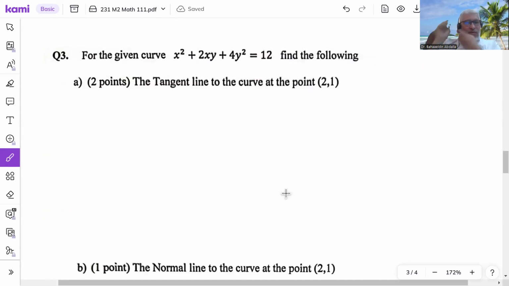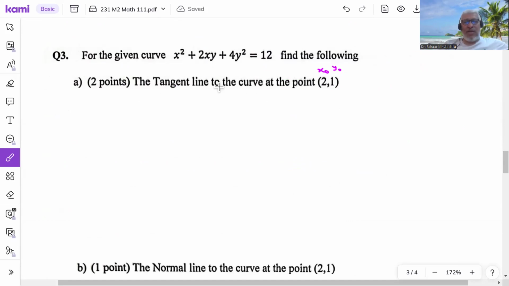For the given curve, find the following. The equation of the tangent line to the curve at the point (2, 1). So what is x0 and y0? 2 is x0 and 1 is y0.